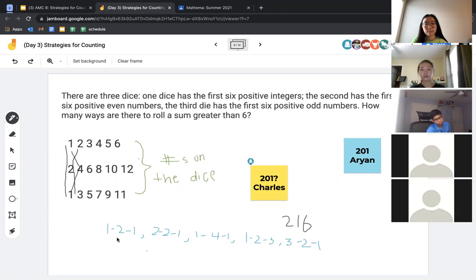Oh yeah, there's also 1, 2, and there's 1, 2, 3 as well. So 216 minus 5 is 211.